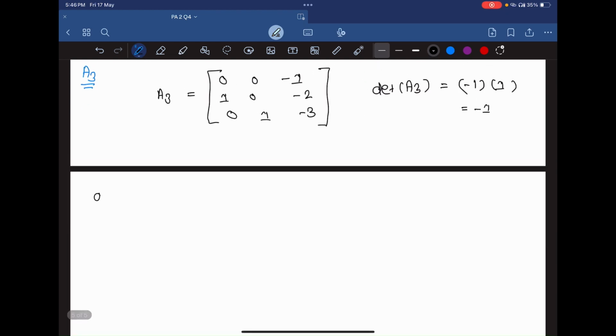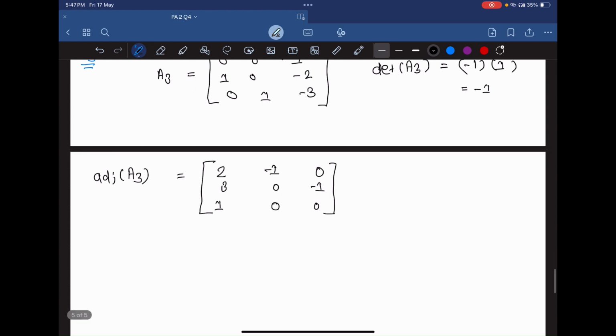Now let's again try calculating adjoint for matrix A3. I will directly write now adjoint for matrix A3: 2, minus 1, 0, 3, 0, minus 1, 1, 0, 0. So this is the adjoint for matrix A3.